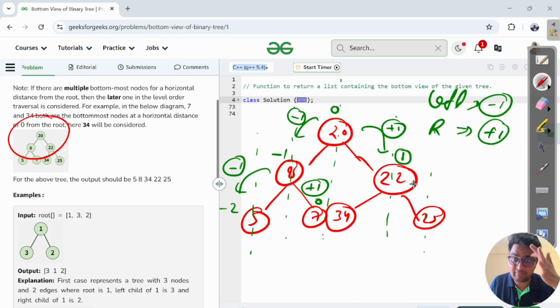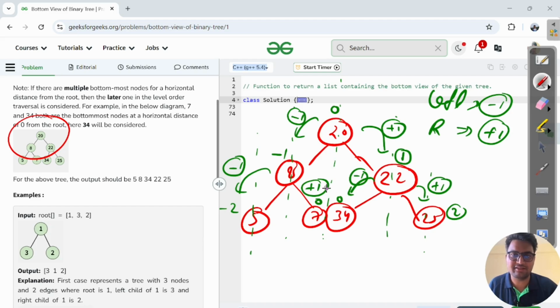And from here itself, if we go right side, then again we will do +1, so this would be 2 distance. And for this 34 from 22, we are going left side, so we will do -1. So whatever the distance it is having, it is 1 minus 1, that would be 0. So 34 will again be at 0 distance from the root node, correct?